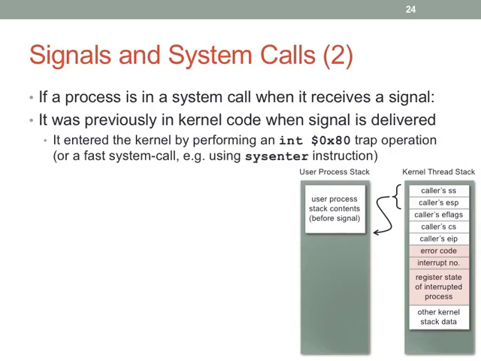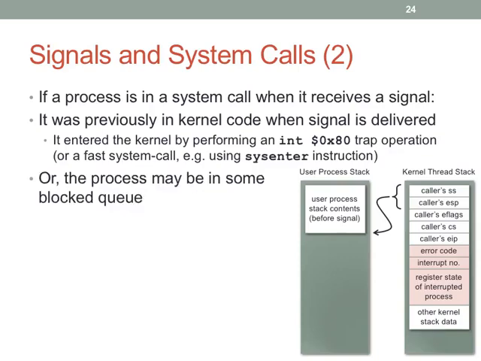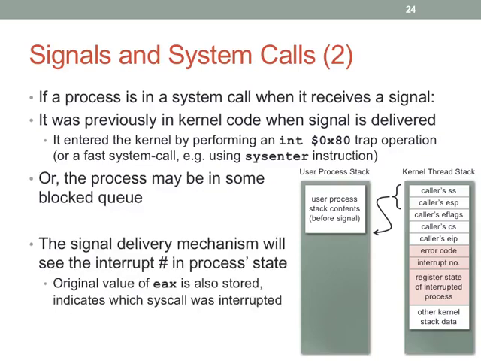It has access to the machine context of the interrupted process, so it can see that the interrupt that was occurring was int 0x80. So it'll say, you were inside the kernel when that signal went off, and I can deal with this. Basically, the signal delivery mechanism can inspect the process state and see that they were inside of a system call.